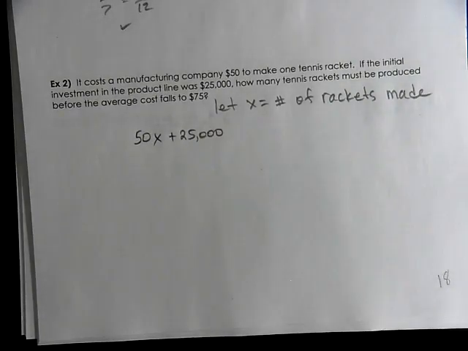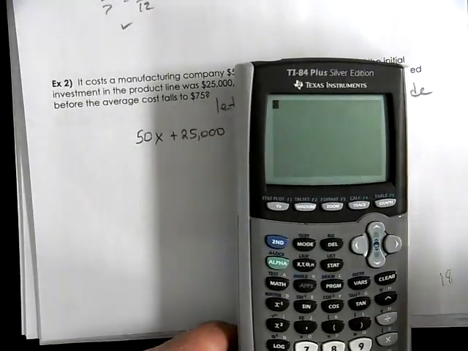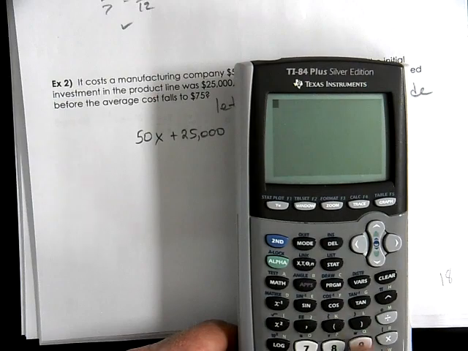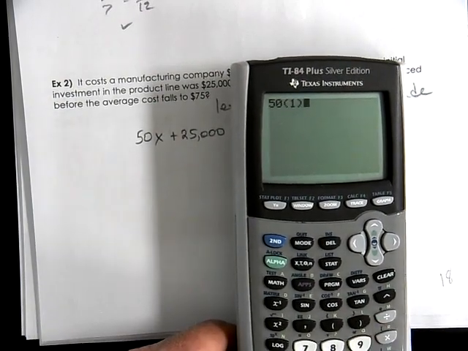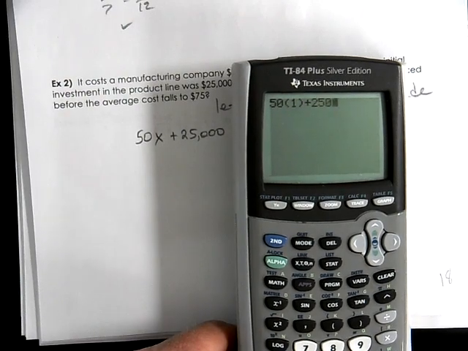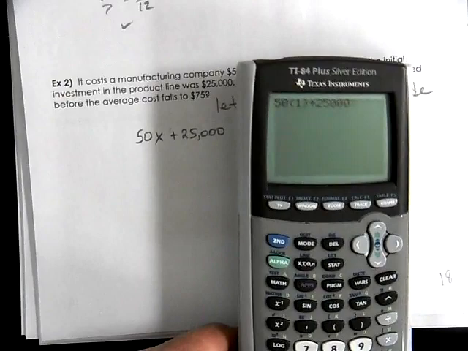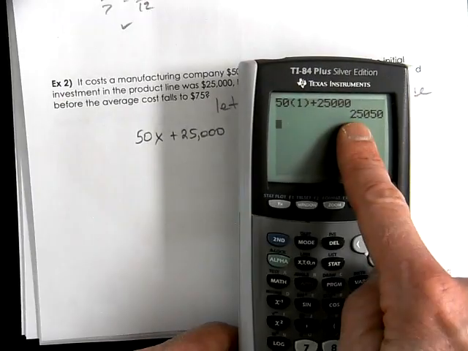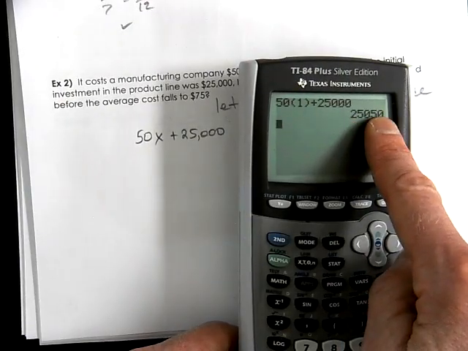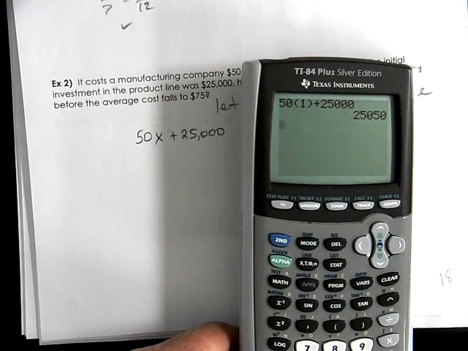So if you want to think about what this means, if you had one racket that you're making plus the $25,000 machine, sounds a little crazy, it's going to cost you $25,000 and the $50. That's a pretty expensive tennis racket.